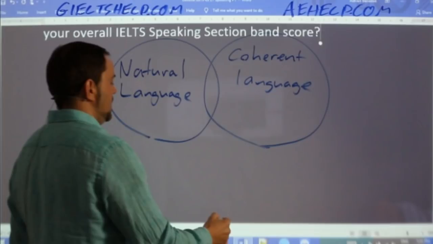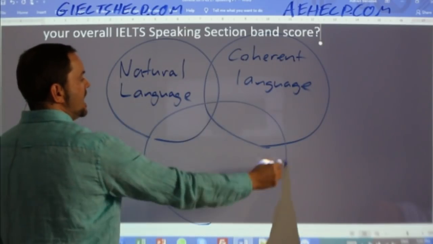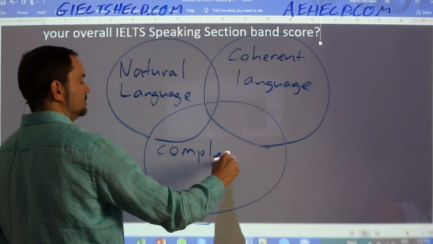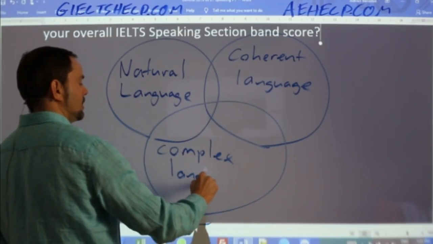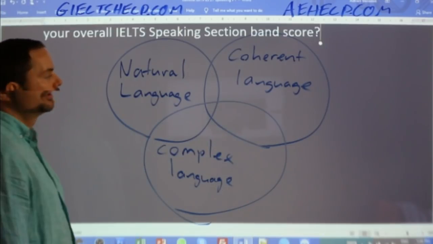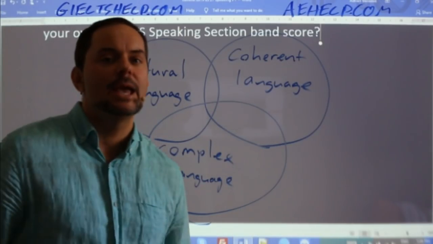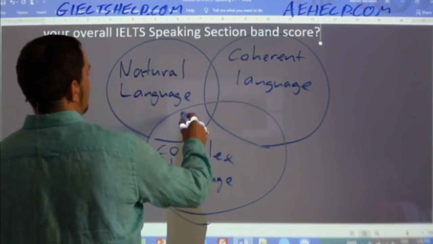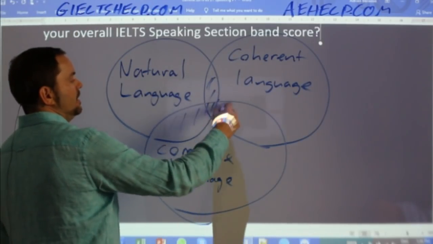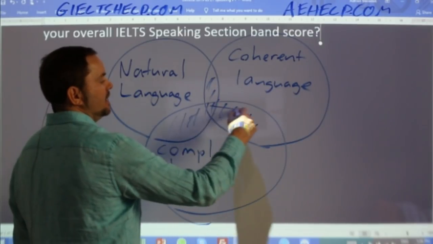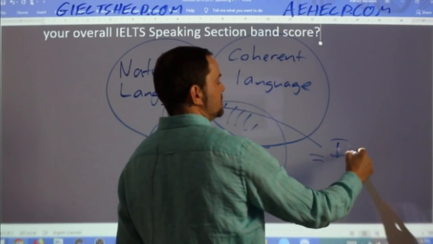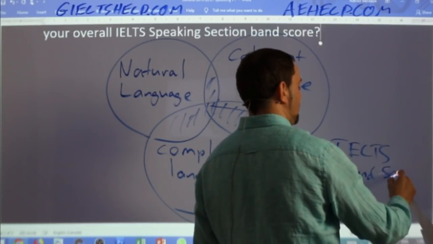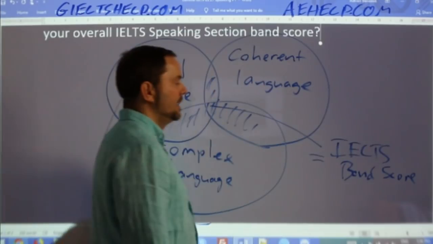And they're looking at complex language. Okay, so those are the 3 main categories, which together, this shaded area here, give you your IELTS band score. Okay, so that's how it works.